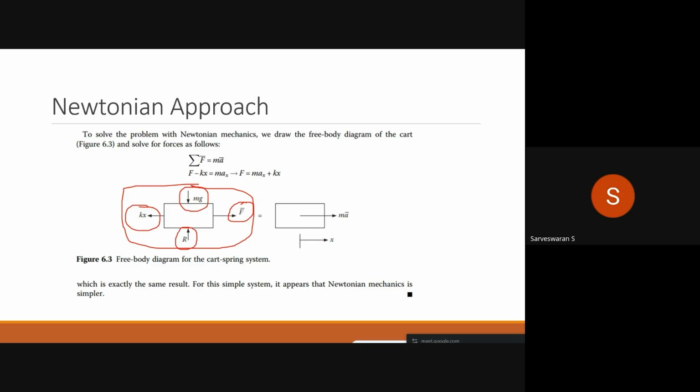By Newton mechanics, taking the horizontal component, F minus kx is equal to max, where a is your acceleration. So F is equal to max plus kx. This is your final relation to solve for the force required. The same concept we will try to apply using the Lagrangian. This is the Newtonian approach.